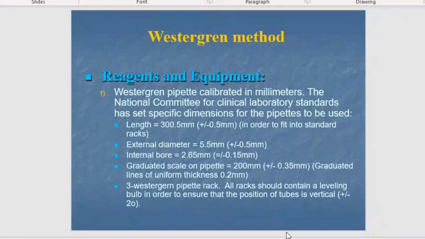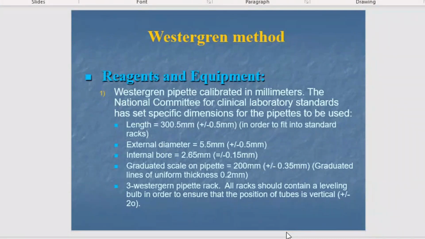Then the external diameter should always be 5.5 millimeters, with 0.5 millimeters of flexibility. And the internal bore should usually be 2.65 millimeters, and a variation of 0.15 millimeters is allowed.